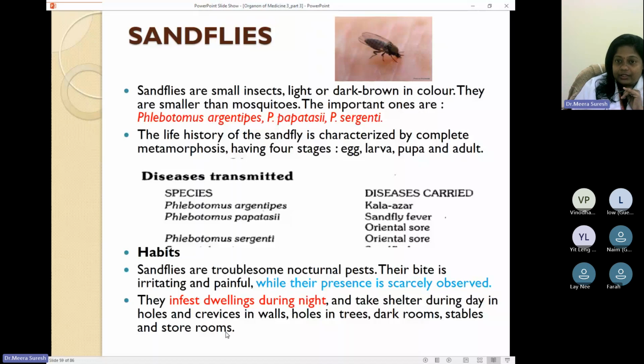At that time, they don't bite at all, but they come out only at night to bite. And because they are dark brown in color and smaller than mosquitoes, it is very difficult to see them, and they cause the disease Kala Azar.